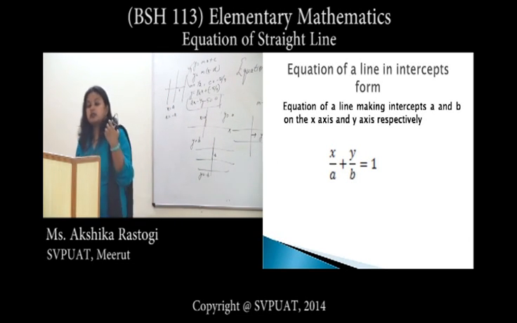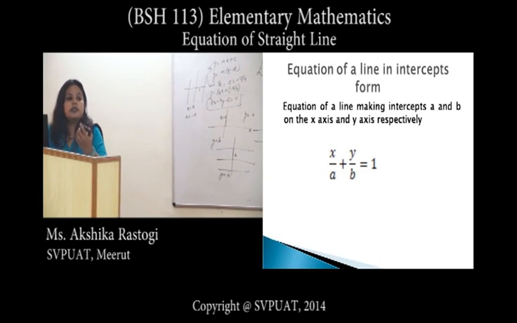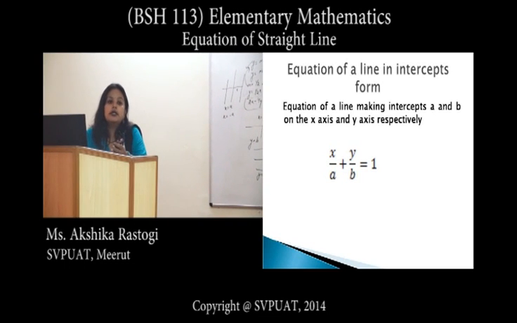We have two formulas when slope is given, and when slope is not given, the condition is given in such a way that our line is intercepting on both the axes. So the equation of a line making intercepts a and b on the x-axis and y-axis respectively is x upon a plus y upon b equals 1.